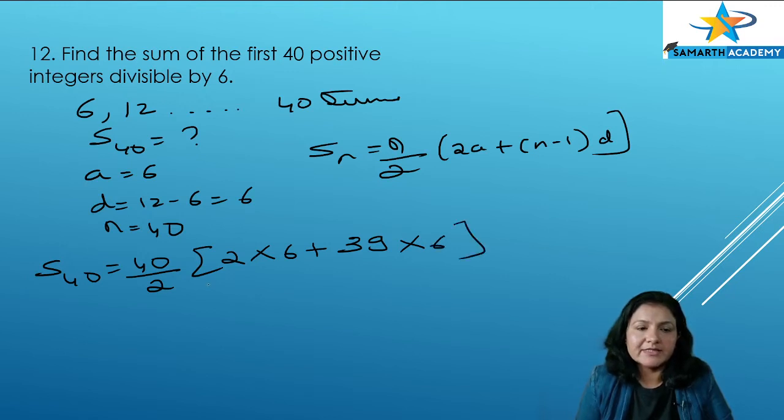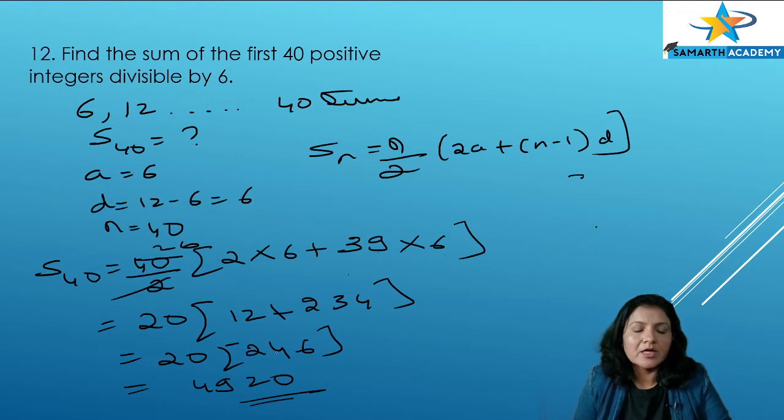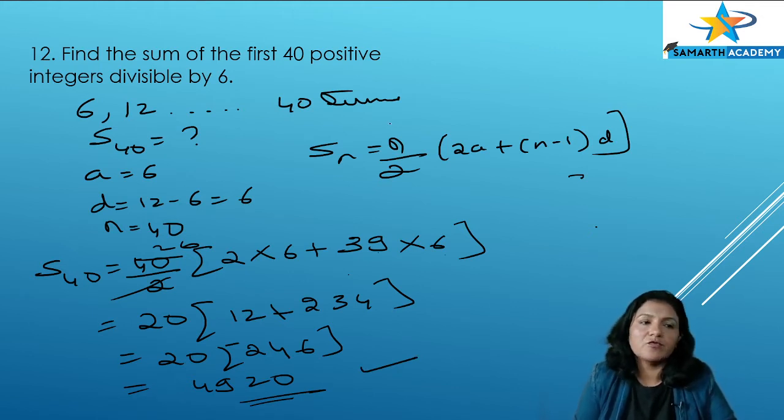D is again 6. So 2 ones are 20s are 20, 12 plus 39 into 6, 246 into 20 is 4920. So the sum of first 40 positive integers divisible by 6 is 4920.